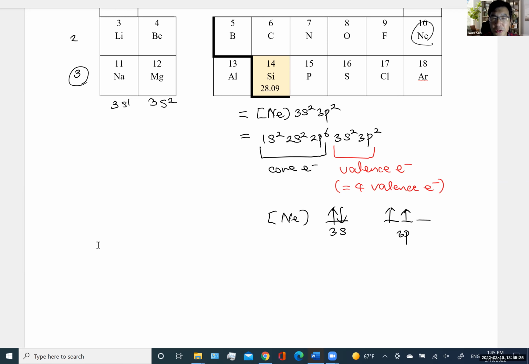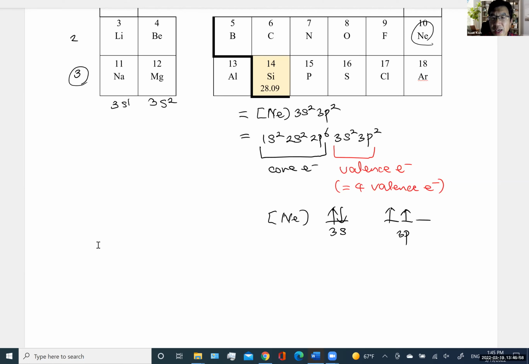Let me write the electron diagram to represent and understand the state of electrons better. This is the neon core, and let me write the orbitals with lines. In the 3s subshell, we have 2 electrons. Their spins must be opposite. In the 3p subshell, we have 3 orbitals, 3px, 3py, 3pz.